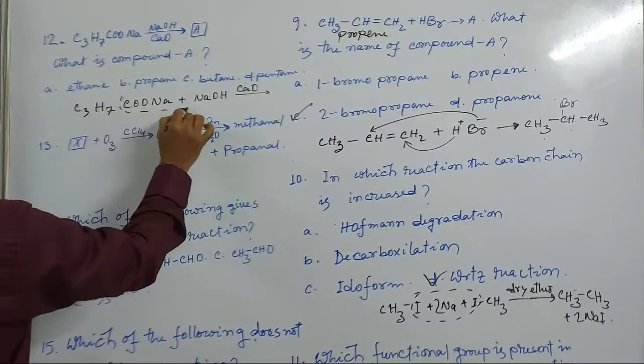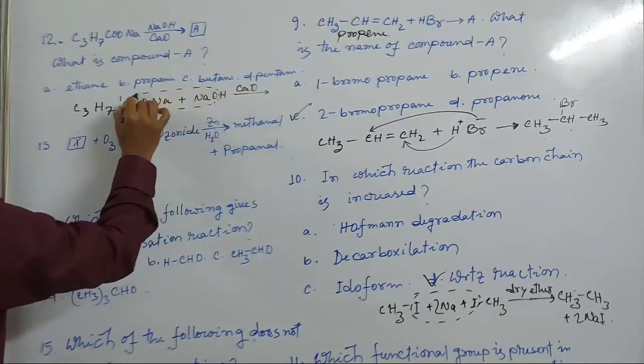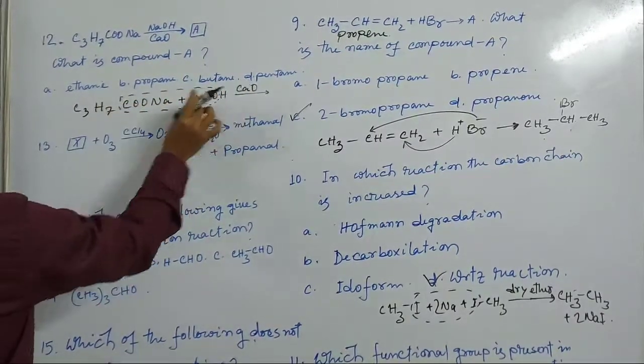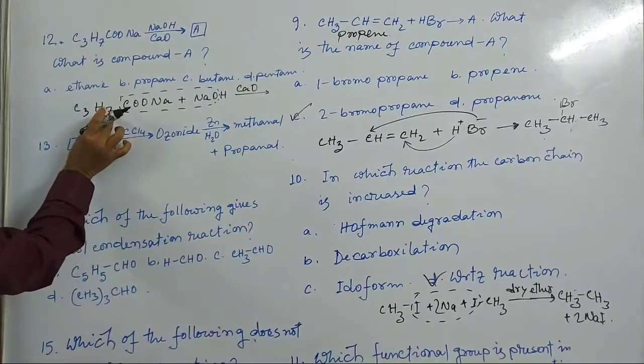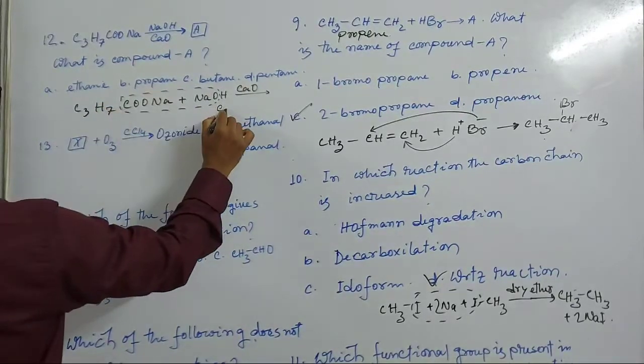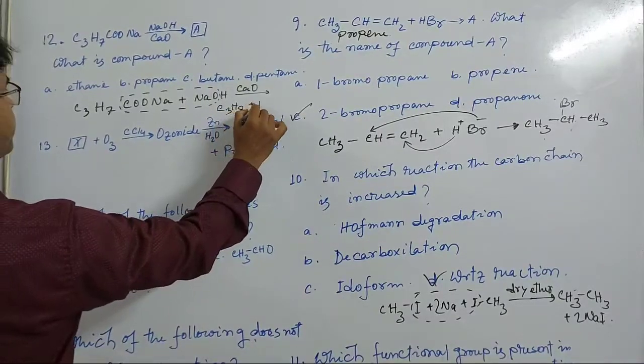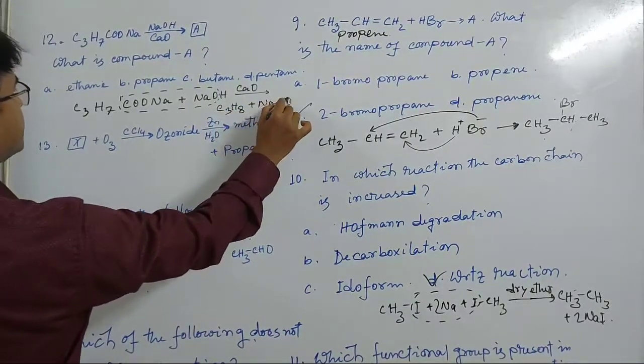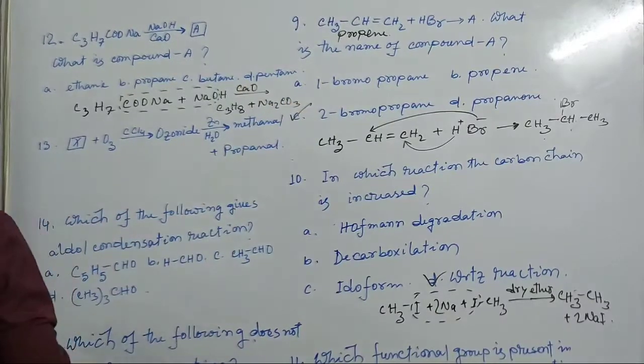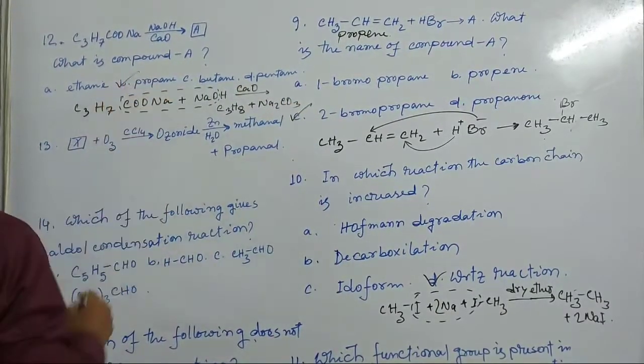Here this part will combine together to produce sodium carbonate, and this hydrogen will combine with this part, then it will be C3H8, propane, plus sodium carbonate. So propane will be the correct answer, B.